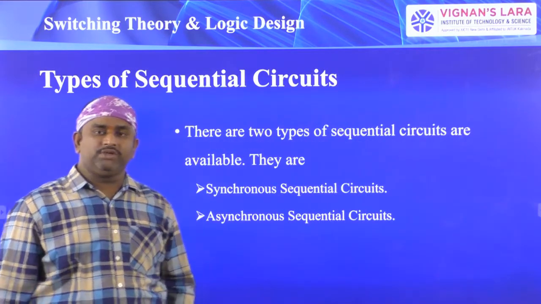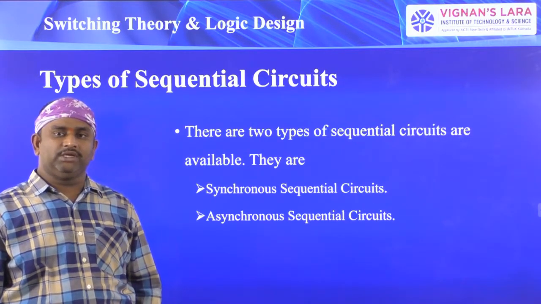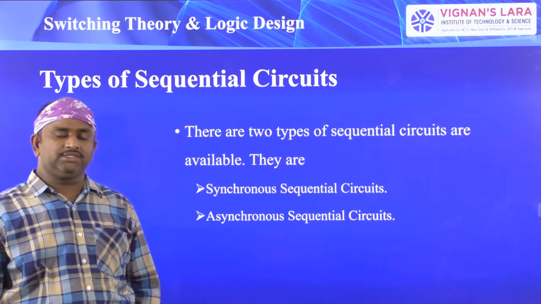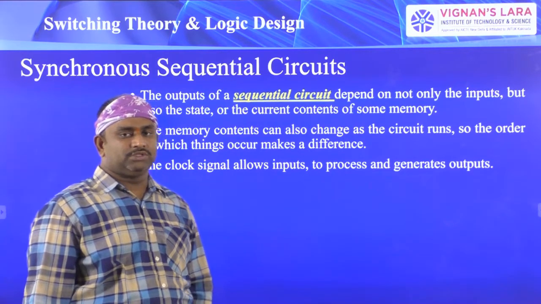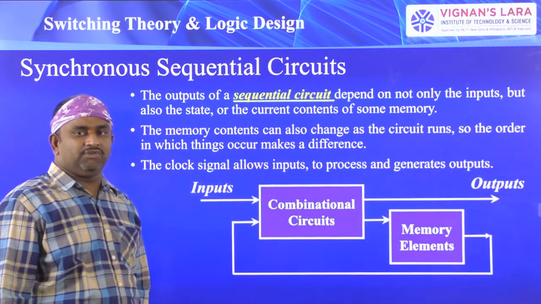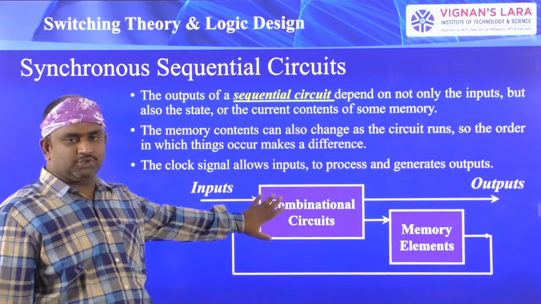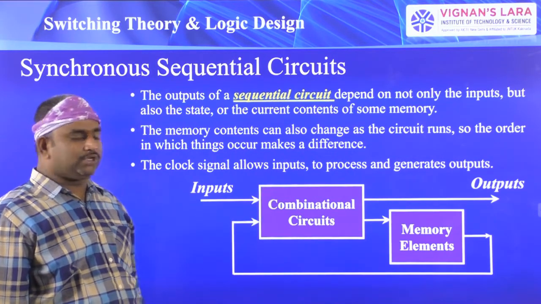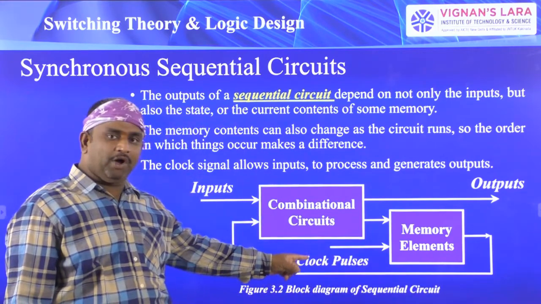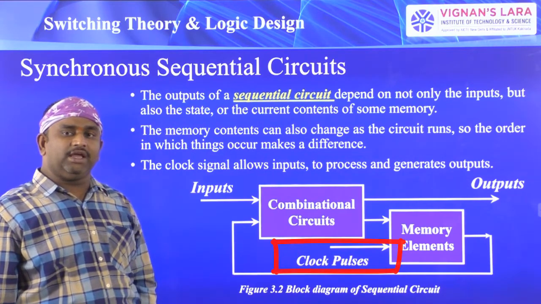Coming to that, we have seen there are two types of sequential circuits. The first one is synchronous sequential circuits, and the second one is asynchronous sequential circuits. A synchronous sequential circuit is almost like a normal sequential circuit where the memory elements are controlled with the help of a single clock pulse.